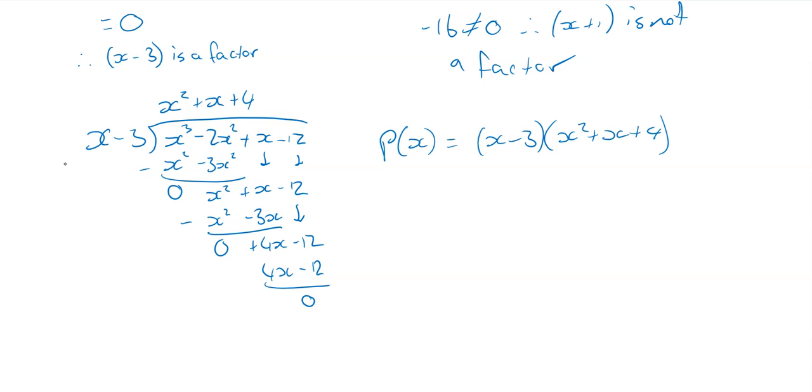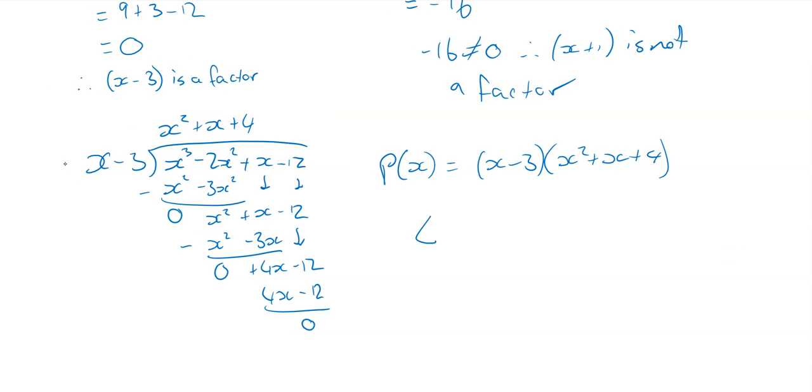Can I factorize that any further? I don't think I can, because of two numbers that multiply to give me, well, I could just look at the discriminant. 1 squared minus 4 times 1 times 1 is negative 3.